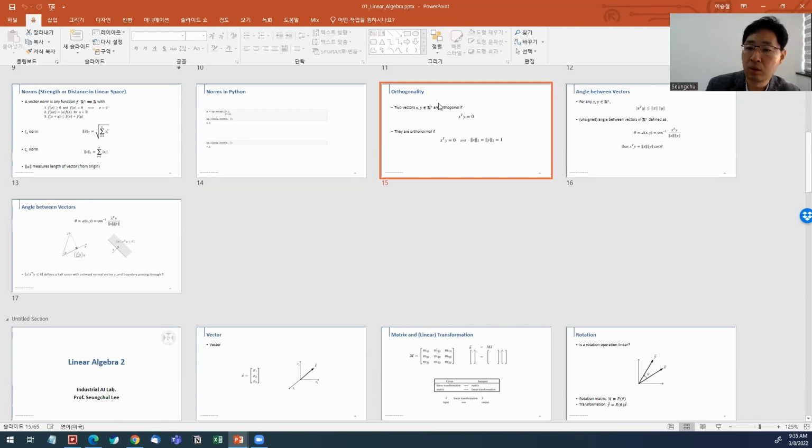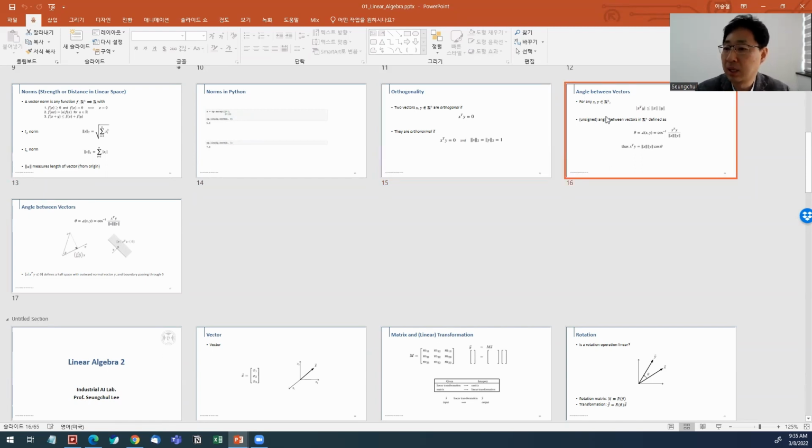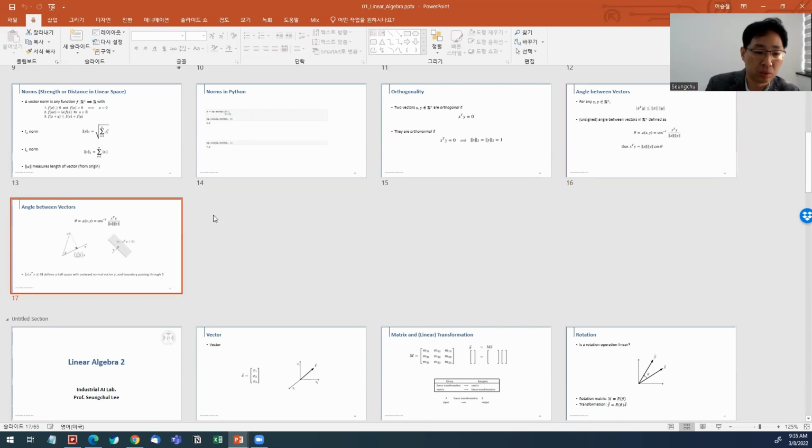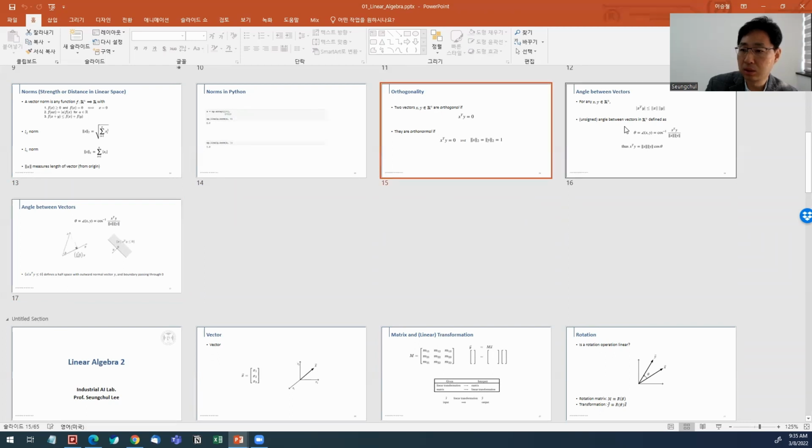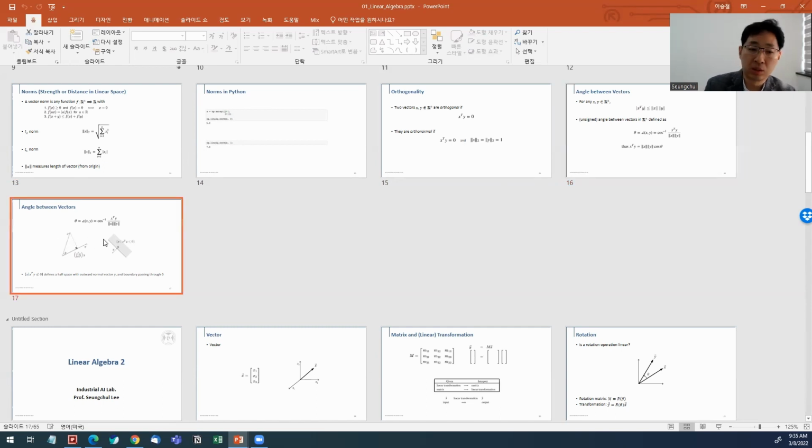And from orthogonality, we can define the angle between two vectors, and we're going to use the angles between two vectors for classification problems. So we can divide the space into subspaces using the angles between two vectors. So we will come back when we discuss classification.